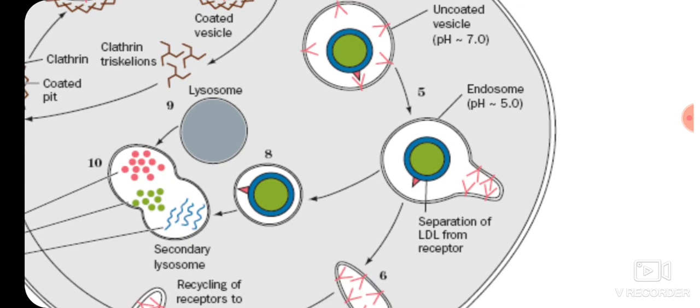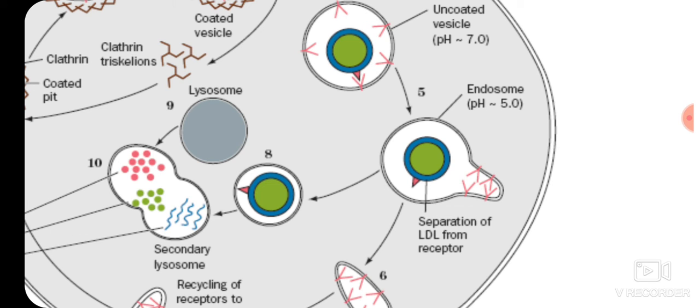Then the receptor portion of the late endosome is vesicularized, forming a transport vesicle. The late endosome portion carrying the LDL will fuse with the lysosome.